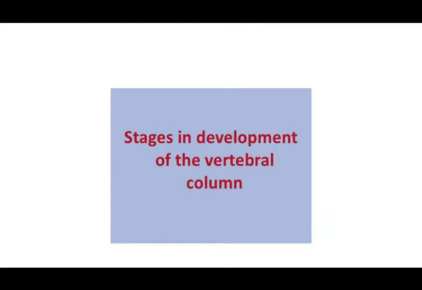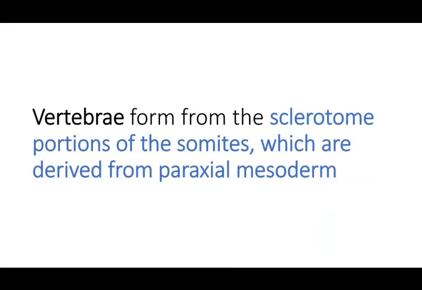What are the stages of the development of the vertebral column? Where exactly is the foundation stone of the vertebra? It is the sclerotome. If you remember, the sclerotome is a part of the mesenchyme that lies around your neural canal and the notochord in the center, where you had the formation of the paraxial mesoderm, intermediate mesoderm, and lateral plate mesoderm.